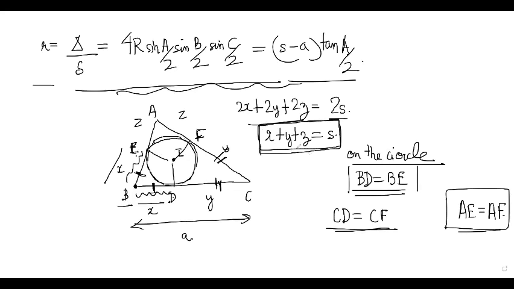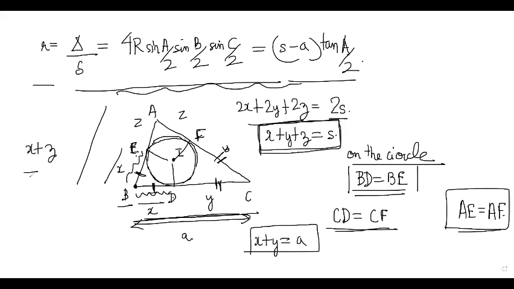That is very nice, because now notice that x plus y was equal to a. Can you see from the figure that x plus y is a? And similarly, x plus z was b, and y plus z was c. So now you can say that z is equal to s minus a.